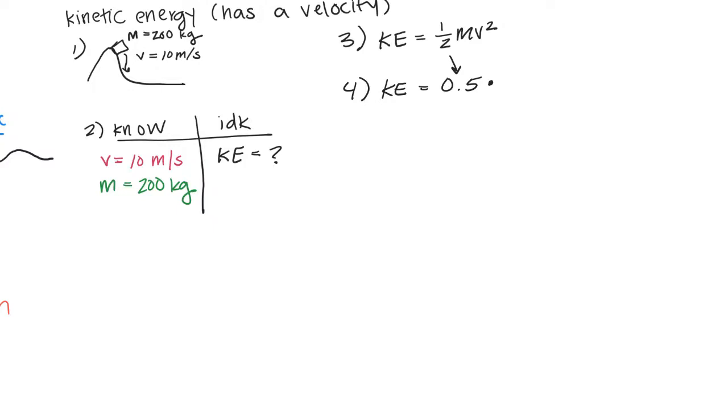So I know I've got a mass here, which is equal to 200 kilograms. So I'm going to write 200 where it belongs in the equation for mass. I also know that I have velocity, which is 10 meters per second. So I'm going to plug in the velocity there.